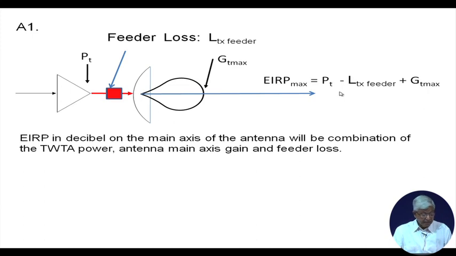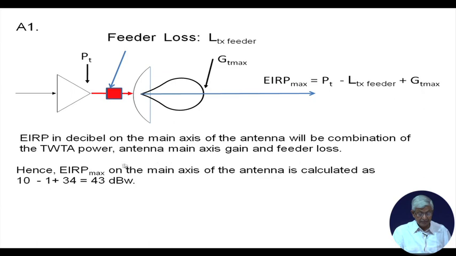But then it says at the 3 dB contour, let us try to understand what it is. EIRP max on the main axis of the antenna is calculated as 10 watt, equivalent to 10 dBW, minus 1 dB, plus 34 dB antenna gain. So, it is 43 dBW.